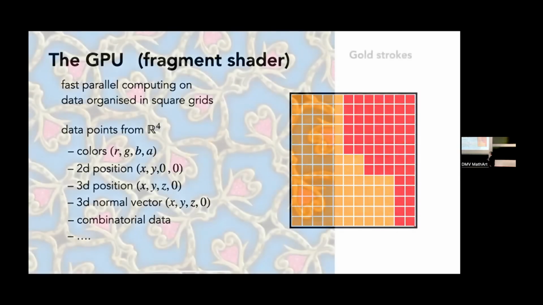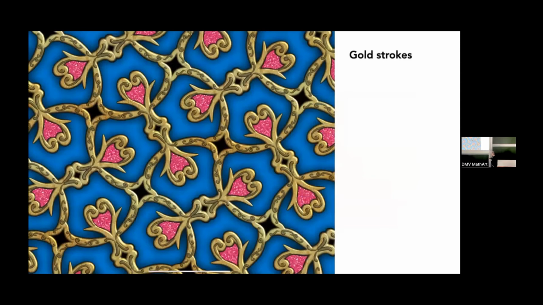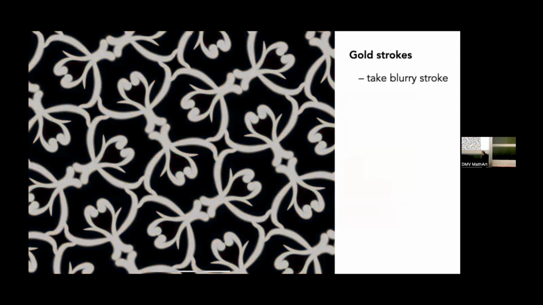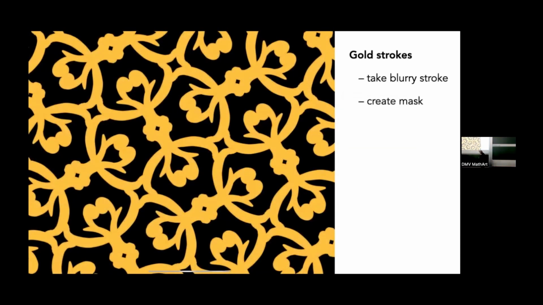So talking about the gold, what really happens is, well, you have drawn something, and intentionally I took a drawing pen that is rather blurry here, because in the next step I take a kind of mask around everything that I drew, and from the blurriness create a height field. So the more white such a point is, the higher it should be.